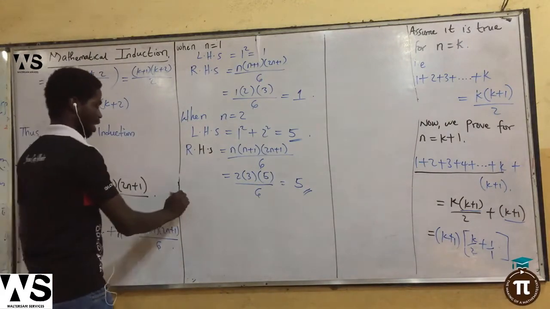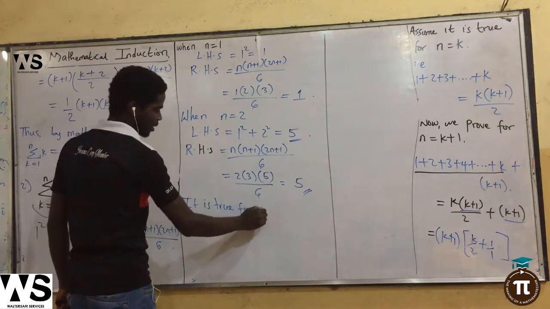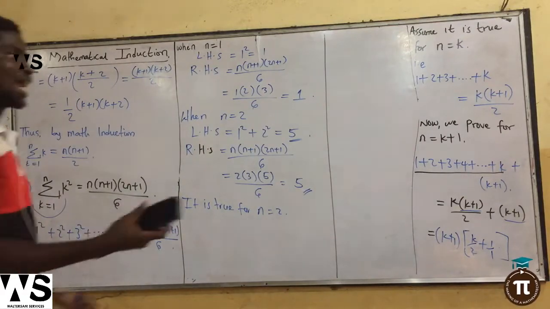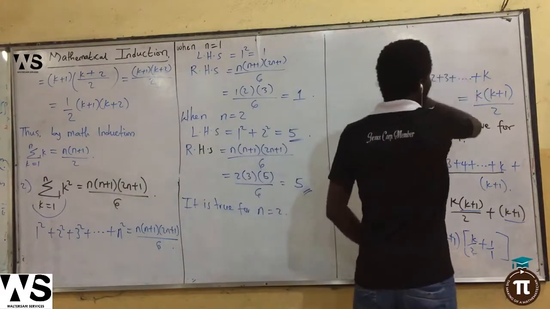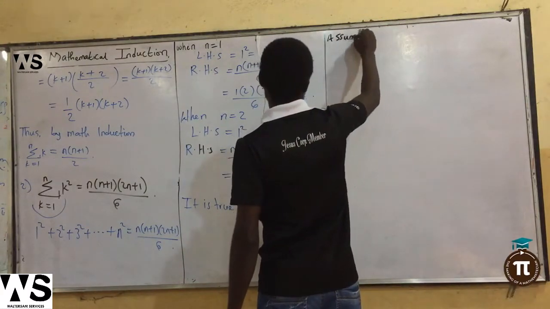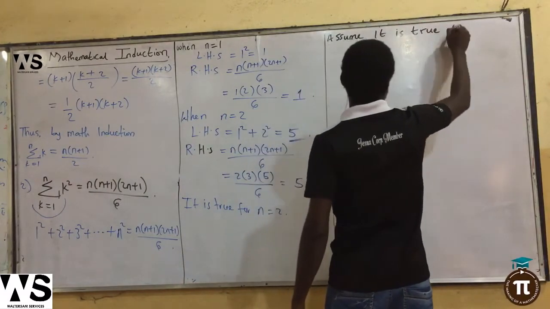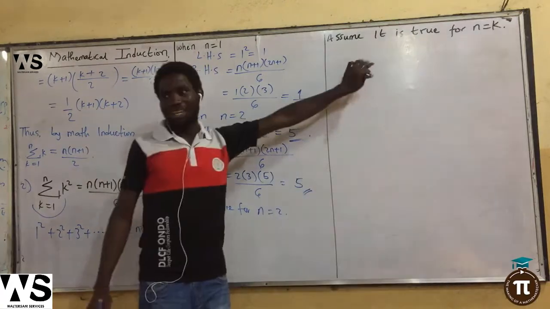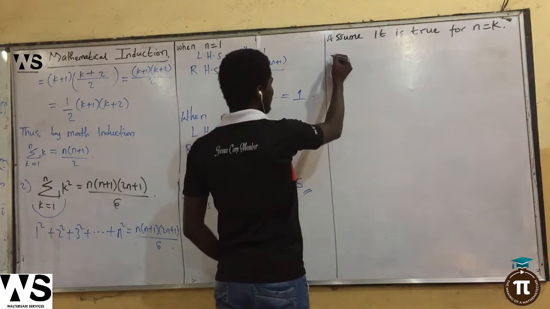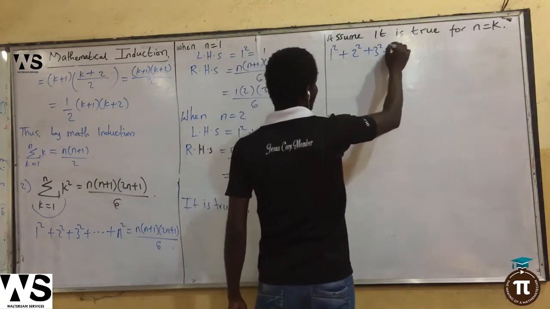So I won't forget now. It is true for n equal 2. Now what is the next thing to do? Assume. We have this now. Assume it is true for n equal k, that is 1 square plus 2 square plus 3 square up to k square.